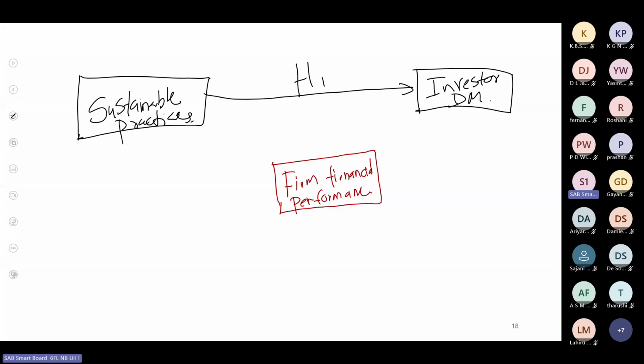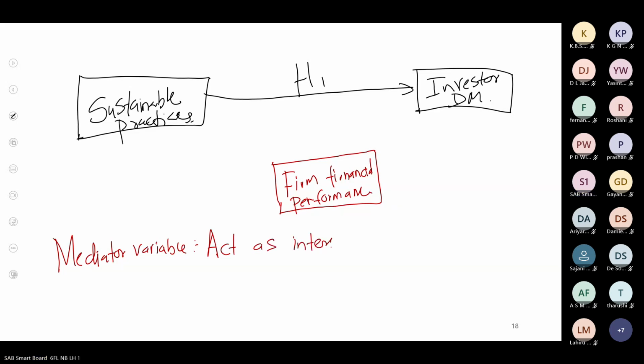Mediator means it interfaces between the dependent and independent variable. What do you mean by the mediator variable? The mediator variable acts as an interface between IV and DV.